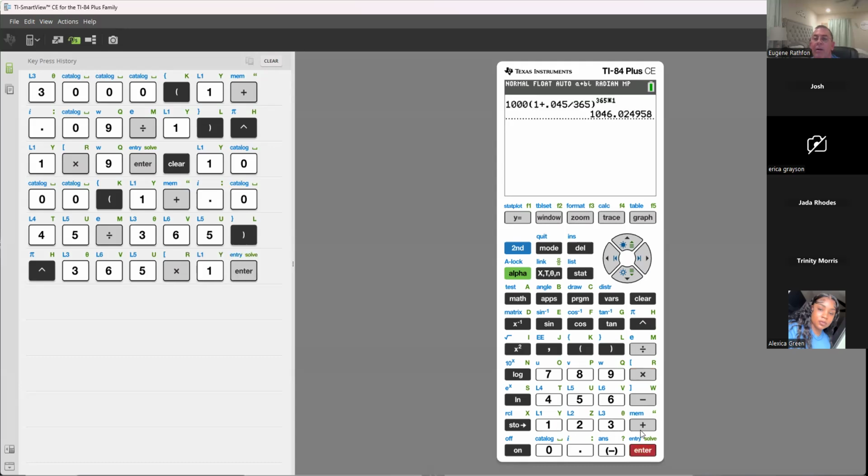All right, y'all, when I hit enter, the money went to $1,046.02. All righty. So the change would be that minus 1,000. And this will be how much the account grew during that year. So it grew by 46.02. So that would be the change.